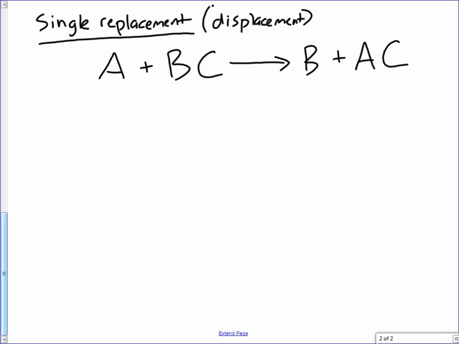So an example of that would be, and we did this in class, magnesium reacting with hydrochloric acid. We know something's going to replace something. First step is figure out what is replacing what. And the way to do that is, look at the charges.